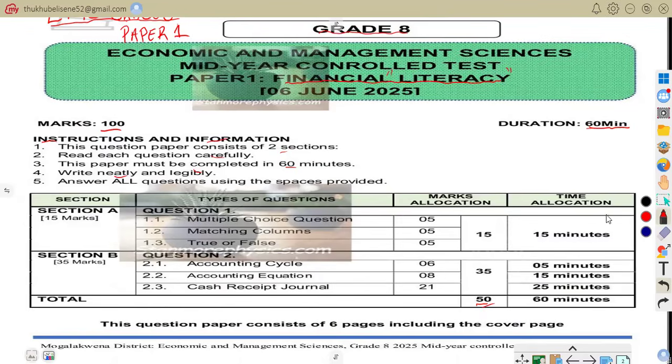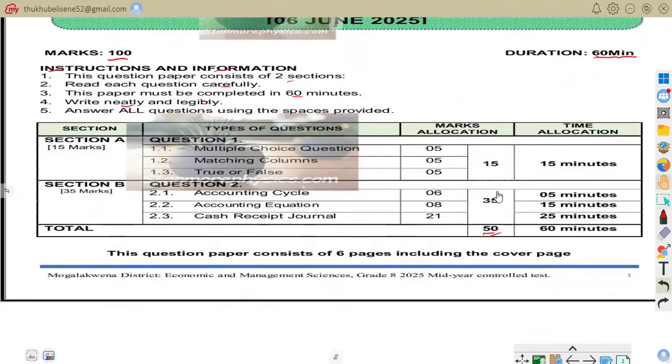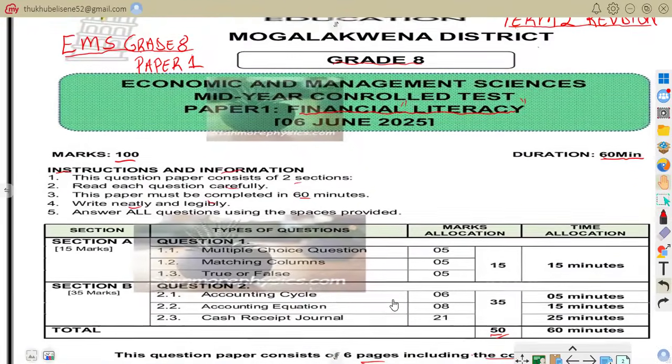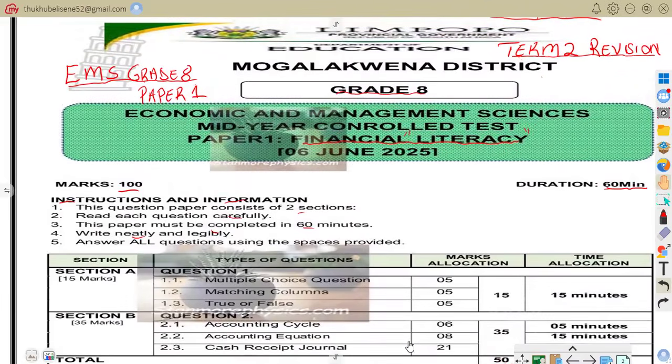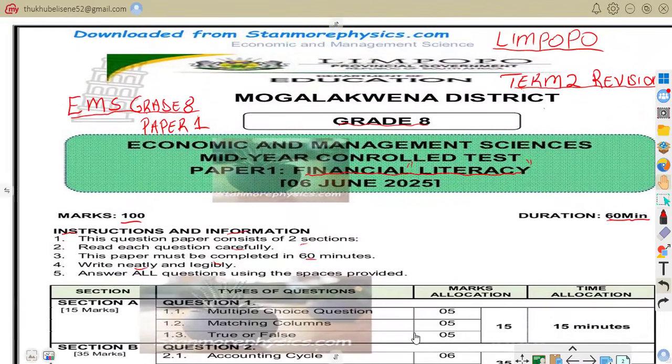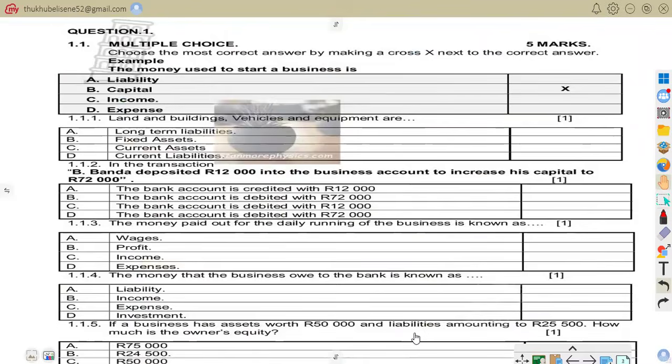As we are told, this question paper consists of 6 pages, including the cover page. Without wasting much time, grade 8, let us attend to our first question.